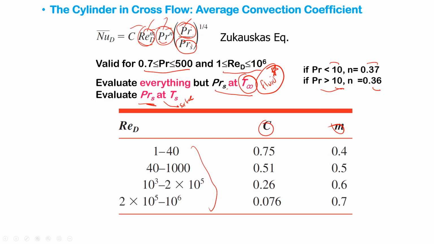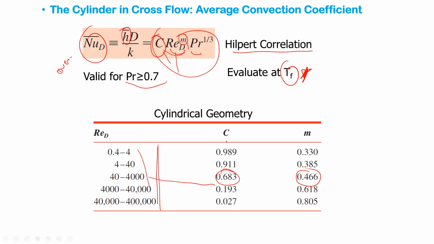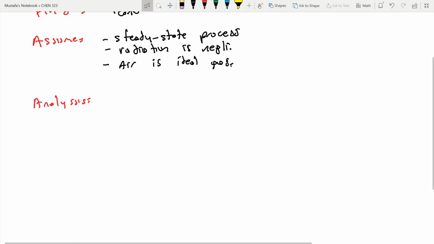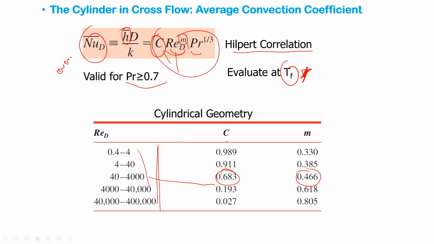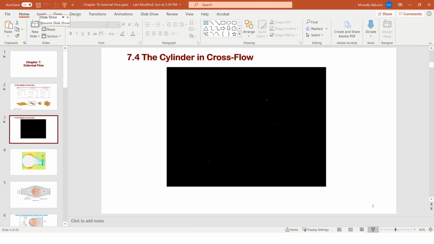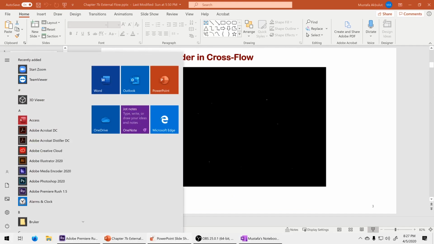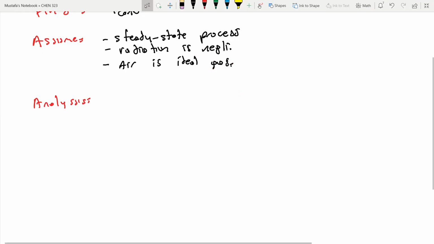We have Dittus-Boelter equation, which uses T infinity. And then we have Hilpert correlation, which uses T-film. Ultimately, I need to choose one of these, and as long as the range criteria is satisfied, I can use any of these. Since two of the equations depend on T-film, I would like to start by calculating T-film.